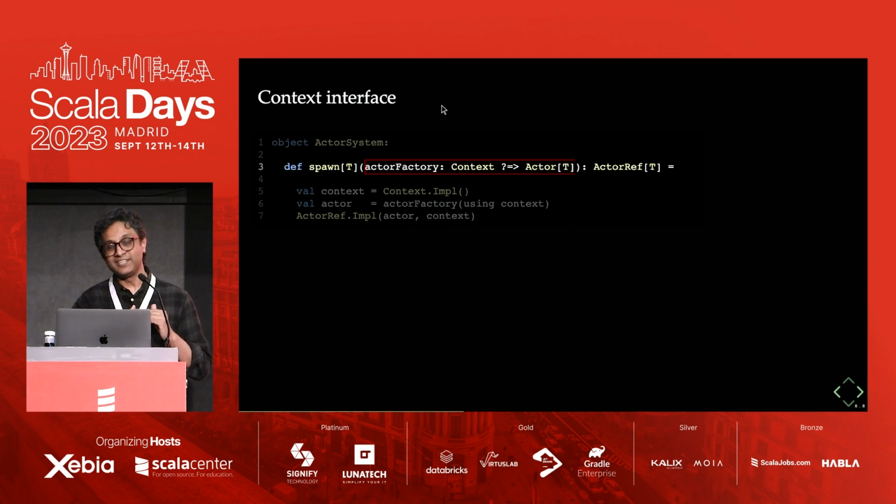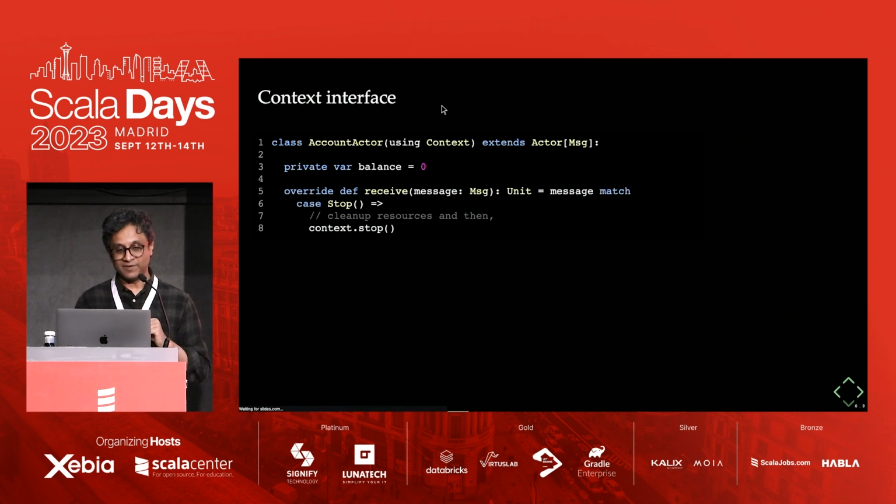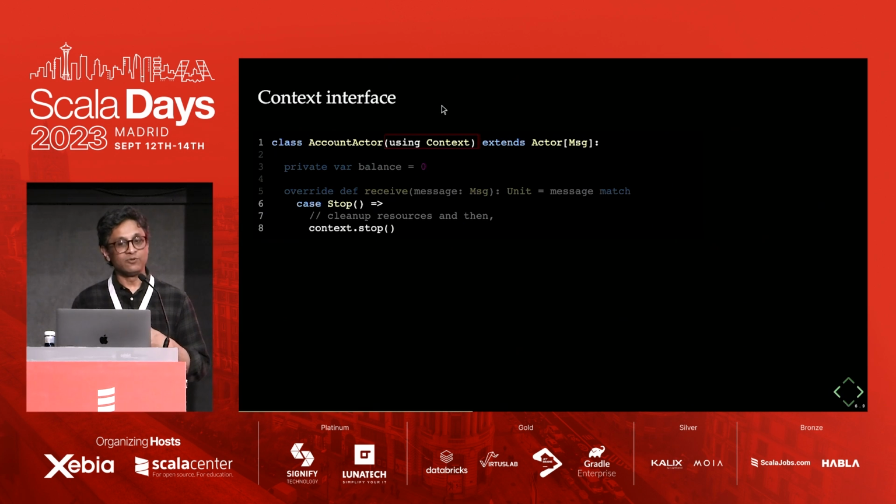In fact, for the user, the spawn method will not change at all. We'll see that. Using this factory, we create the actor, we create the context, and then delegate it to the ActorRef implementation.